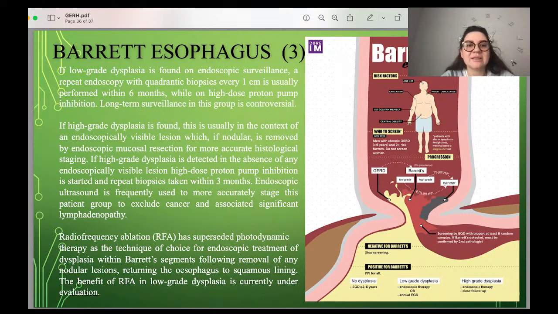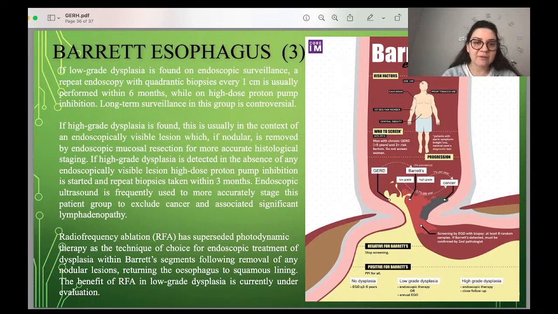If high-grade dysplasia is found, this is usually in the context of an endoscopically visible lesion, which, if nodular, is removed by endoscopic mucosal resection for more accurate histological staging. If high-grade dysplasia is detected in the absence of any endoscopically visible lesion, high-dose PPI is started and repeat biopsy taken within 3 months. Endoscopic ultrasound is frequently used to more accurately stage this patient group to exclude cancer and associated significant lymphadenopathy.